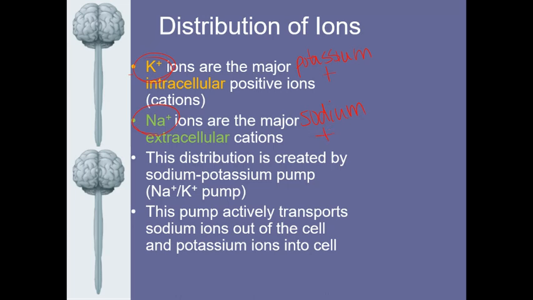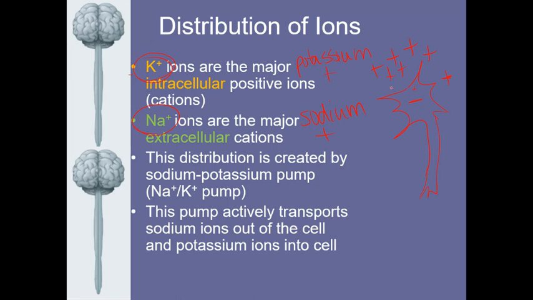So how is it I create an environment that's negative on the inside and positive on the outside if the only 2 ions I'm using are positive? It's not their charges that matter, it's their quantity that matters. So I'm going to put a ton of these positive ions on the outside and just fewer of them on the inside.